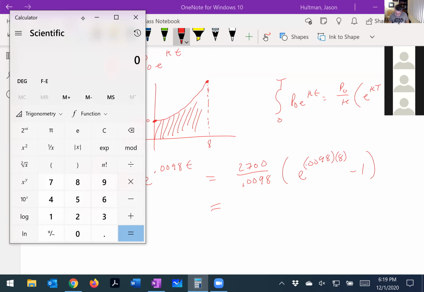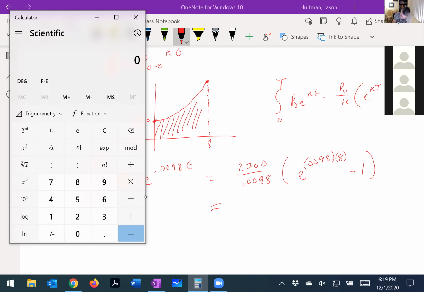We should get the correct number of tons of gold.